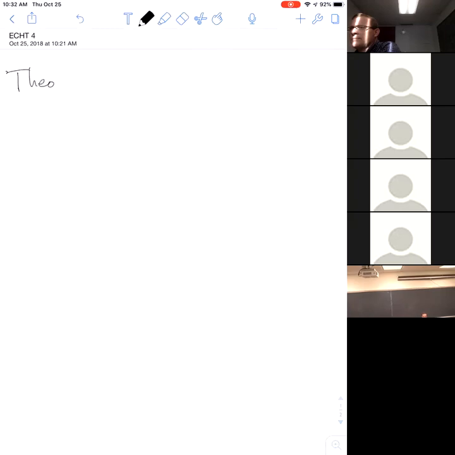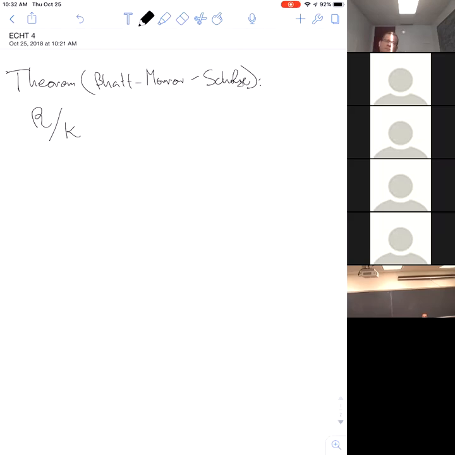Theorem (Bhatt, Morrow, Scholze). Let R be a smooth algebra over a perfect field k of characteristic p, p greater than 0.